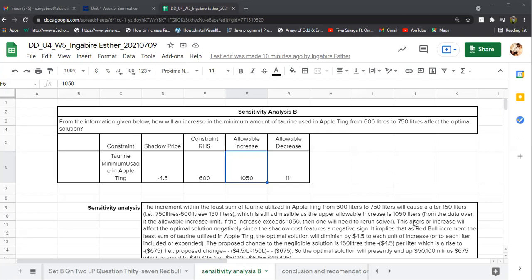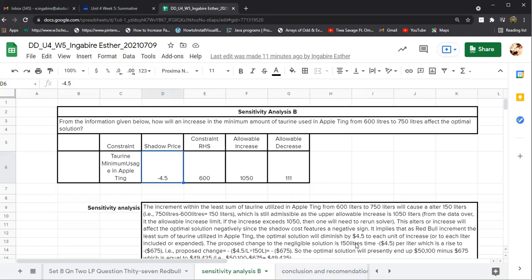Since an increase will affect the optimal solution negatively, the shadow price has a negative sign, which is negative 4.5. So with the increase in the minimum taurine utilized in apple, the optimal solution will diminish by 4.5 for each unit. We take negative 4.5, the shadow cost, and multiply by the 150 increase, and we get negative 675.